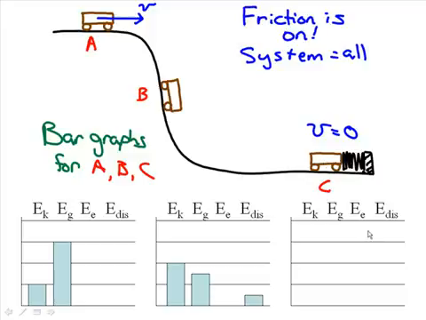It compressed the spring. So we have some energy dissipated because of friction, and we dissipated a little bit more than we had in scene B, and then the rest of the energy is stored up in that spring, because we know what that spring is going to do. That spring is going to launch that cart back. And so at this snapshot, it's being stored as elastic potential energy.